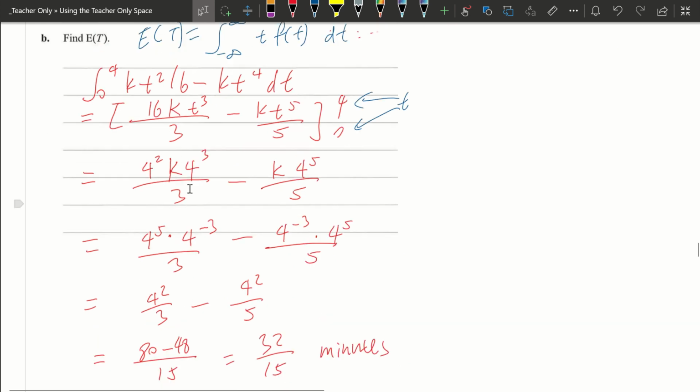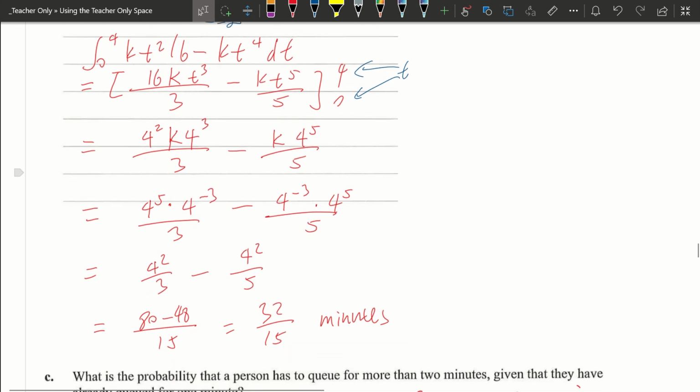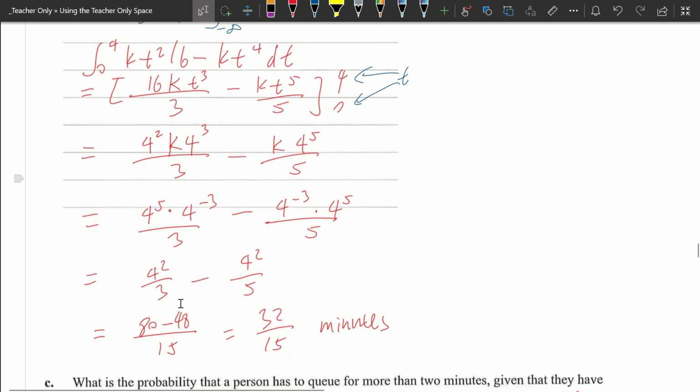So here, k is replaced by 4 to the power of negative 3. Same thing here. But you can see the magic here. Oh, by the way, I've turned 16 into 4 squared, because that's going to be helpful. And then everything is in base 4, and I can simplify the powers, the indices. So 4 squared over 3, 4 squared over 5, and final answer.